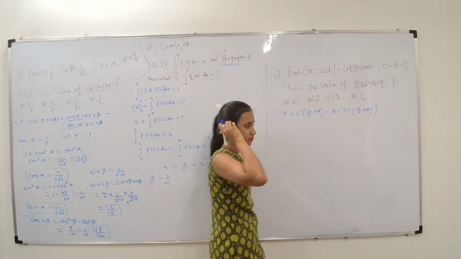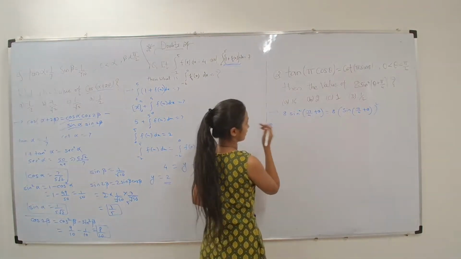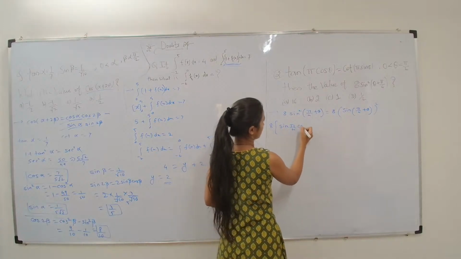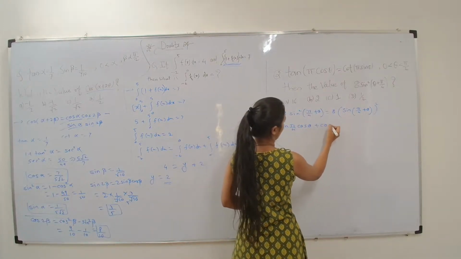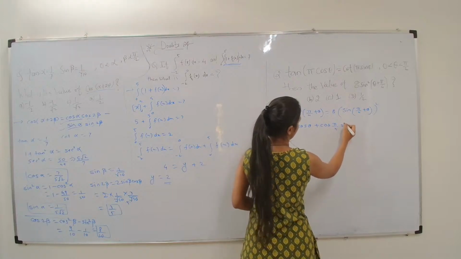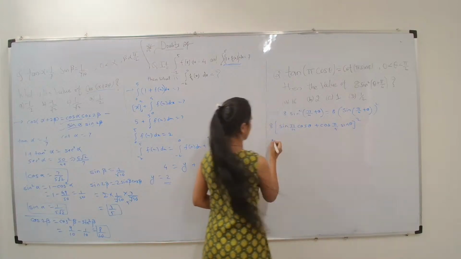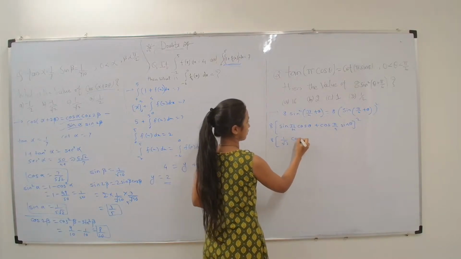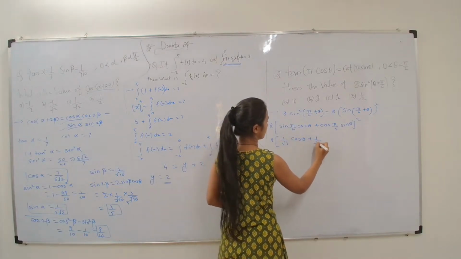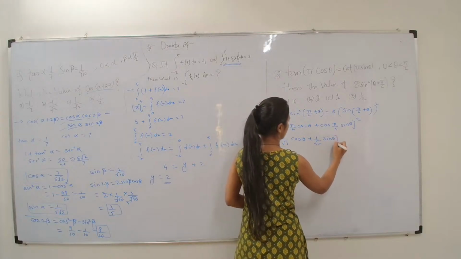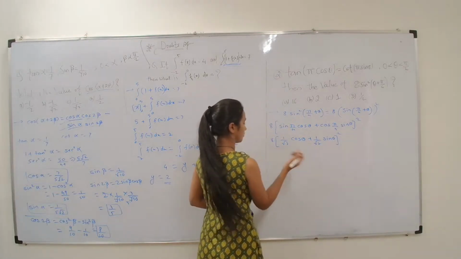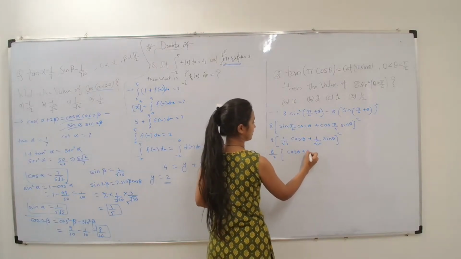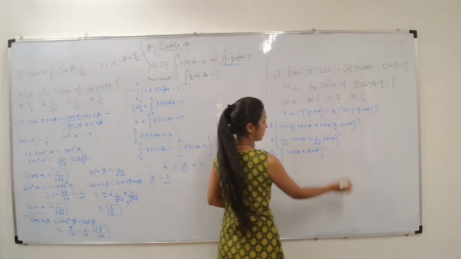So use the formula of sine A cos B plus cos A sine B whole square. That is 8 times sine pi by 4 is 1 by root 2 cos theta plus 1 by root 2 sine theta whole square. 1 by root 2 common काढून बाहेर काढून घेईल, 8 by 2 cos theta plus sine theta whole square. Am I right?